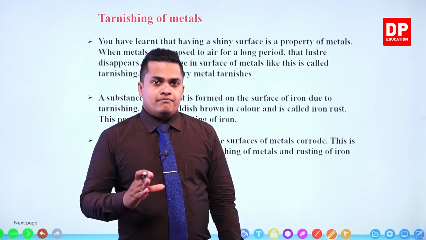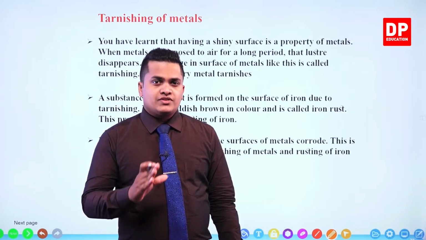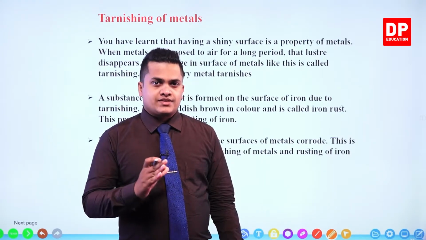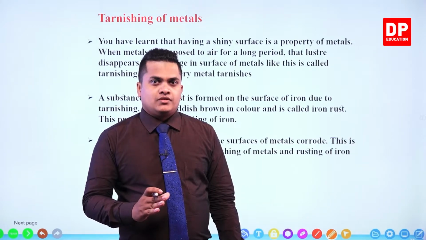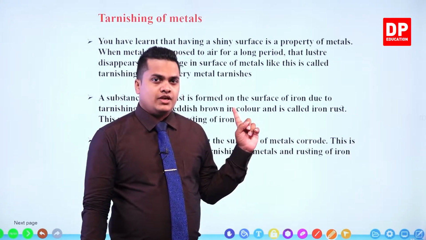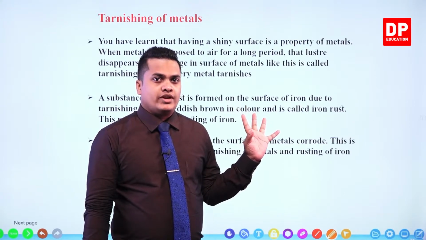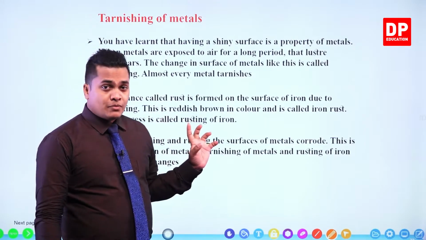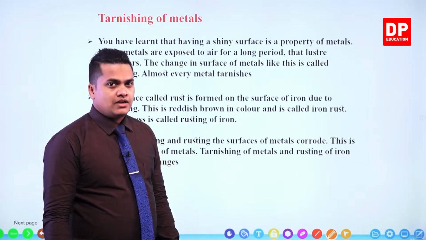So metals have a unique lustrous nature, okay? Each and every metal has this lustrous nature, right? This is called the shiny surface, okay? The lustrous nature is also called the shiny surface. So it's a special property, a physical property in metals, my dear children.